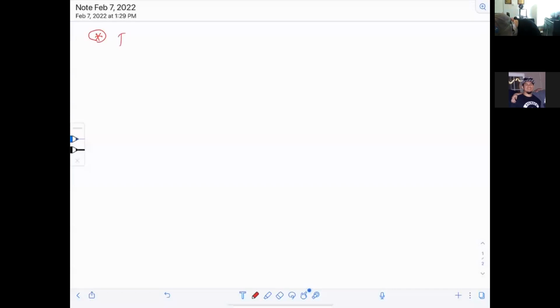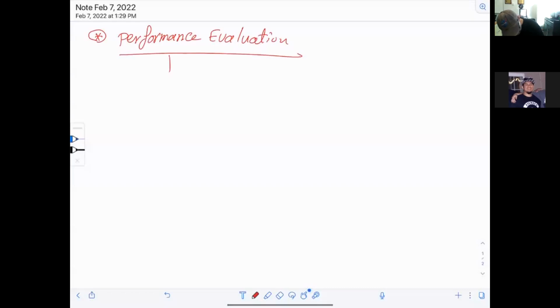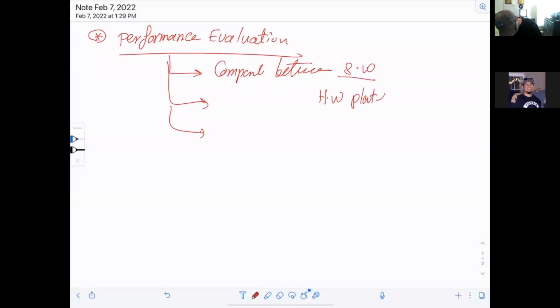We are studying this course for performance evaluation, which will help us compare between software, or compare between hardware platforms, or define bottlenecks in the performance.